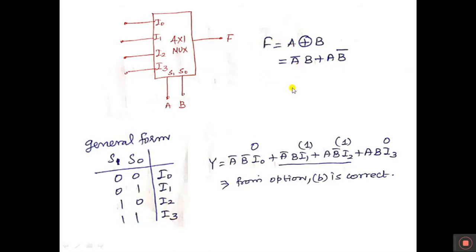So we need the output as A bar B plus A B bar. If I apply 1 1 in the I1 and I2 locations, and apply 0 0 for I0 and I3, I can get this output A bar B plus A B bar. So option B is correct. Right? 0 1 1 0 is the correct answer.